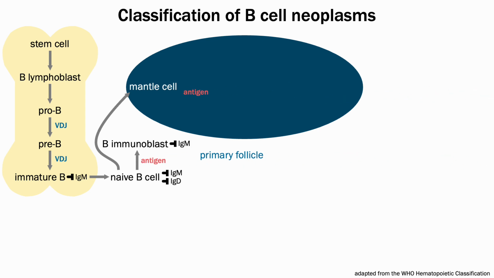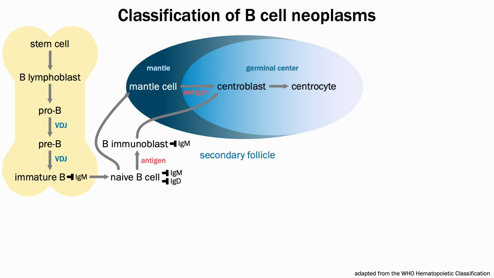After stimulation by antigen, the circulating cell becomes activated to an immunoblast. And immunoblasts and antigen-activated mantle cells undergo somatic hypermutation, affinity maturation, and class switch recombination in germinal centers as centroblasts and centrocytes. Centroblasts and centrocytes are larger cells with high turnover, turning primary follicles into secondary follicles.